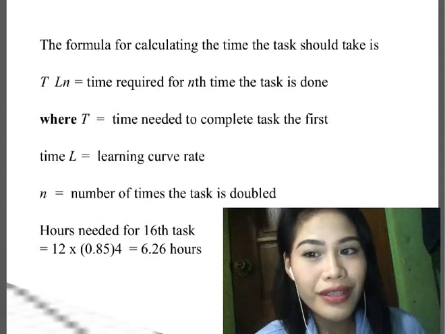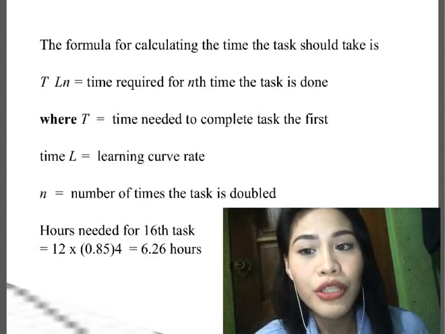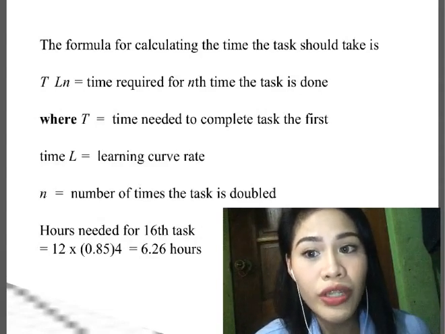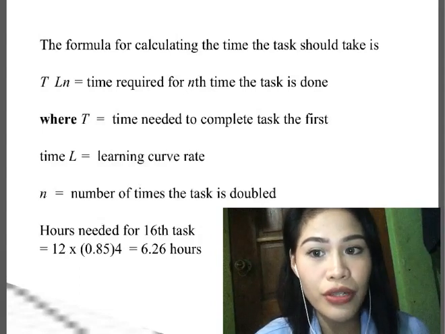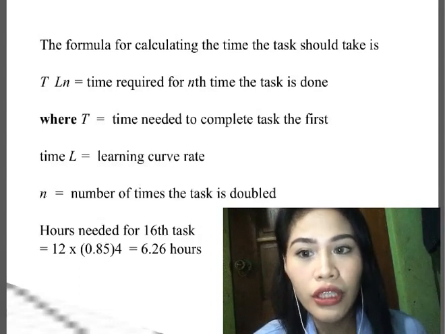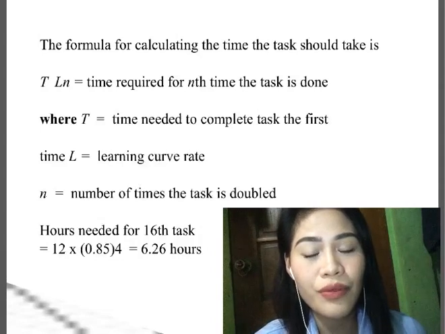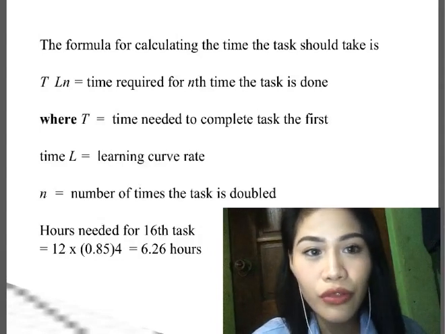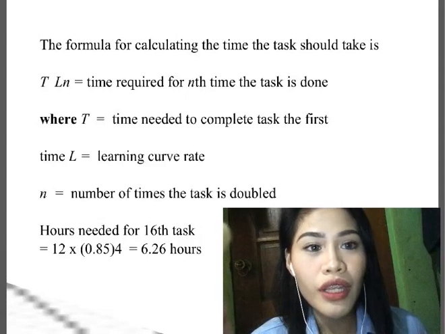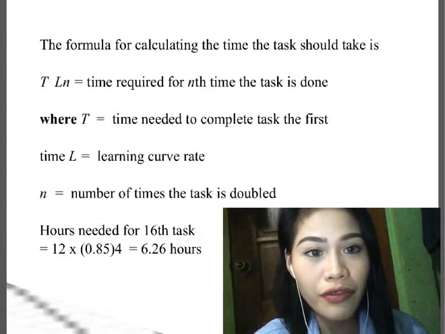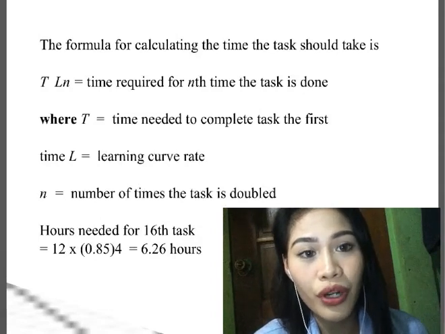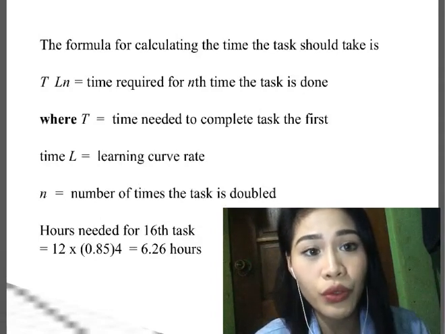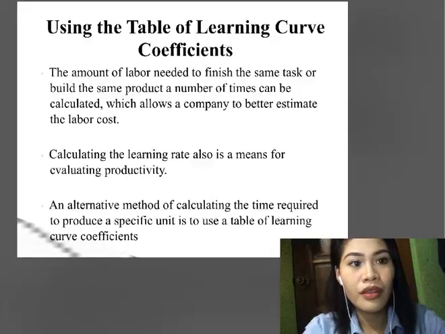So if the first time the task was done, the employee took 12 labor hours and the learning rate is 85%, you have to calculate how long the 16th time the task is done should take. The hours needed for the 16th task equals 12 times the quantity 0.85 raised to 4, which equals 6.26 hours.